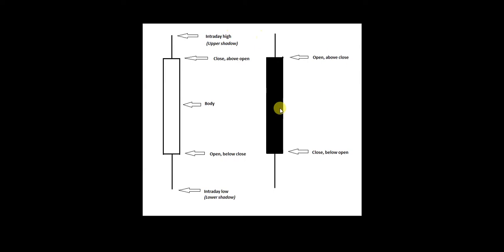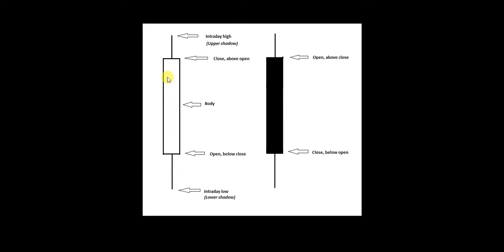In this slide, these are just the types of candlestick, about highs or shadows. In every candle we have some parts, for example body and shadows.